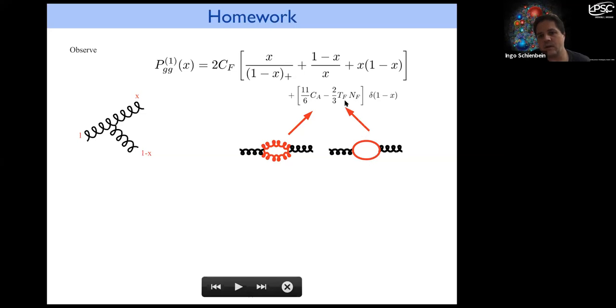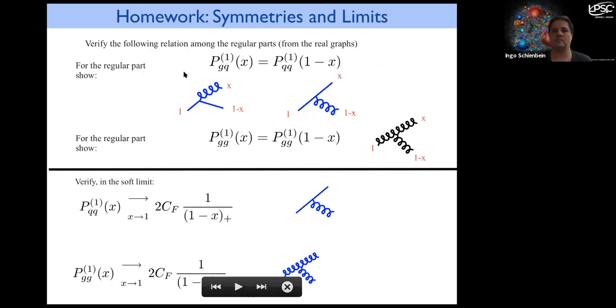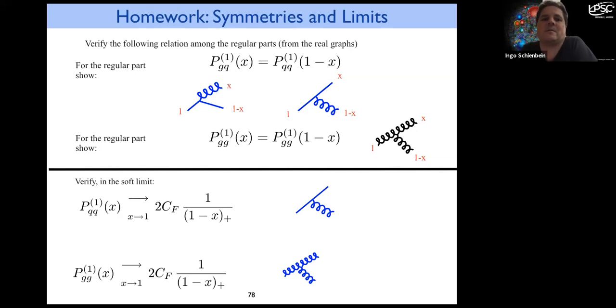And here you have the color factor T_F, which is just the normalization of the trace of the generators, which you find when you calculate such a fermion loop. And N_f is then just the number of flavors that you include. And that has to be added to the P_gg. And then there are just many homework exercises you can do to familiarize yourself.